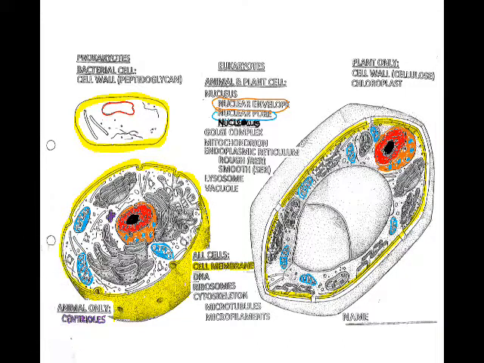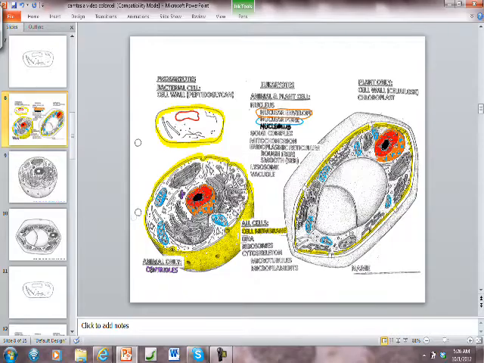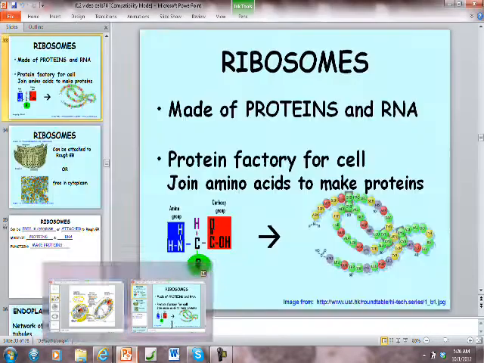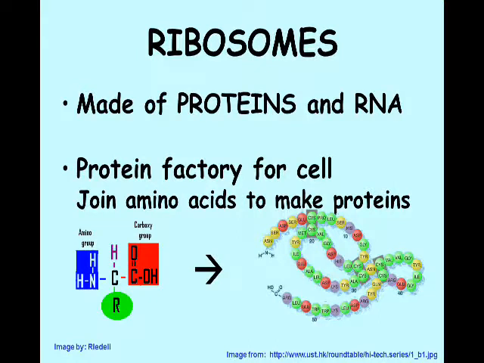Okay, let's go back to our slideshow and talk about one more cell part, and that's ribosomes. We mentioned ribosomes earlier in our slideshow when we talked about our nucleolus making RNA for ribosomes. And ribosomes are a pretty important cell part.